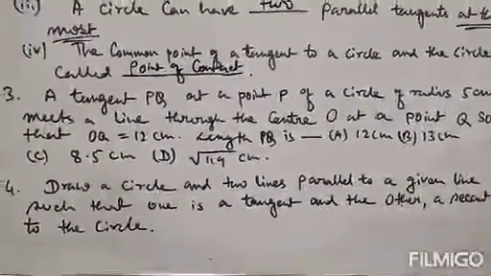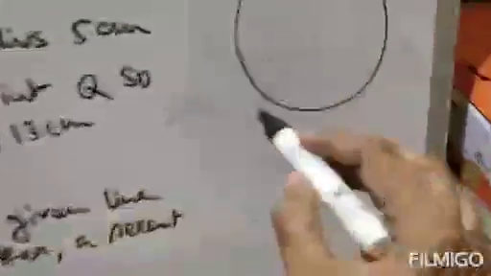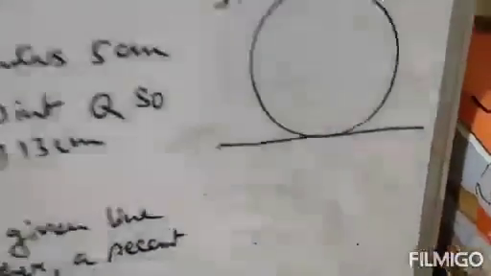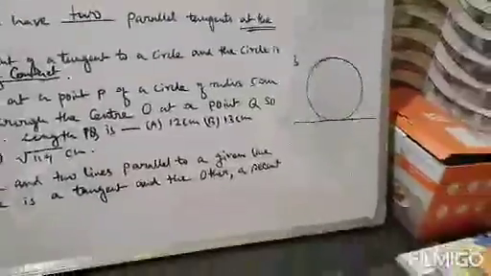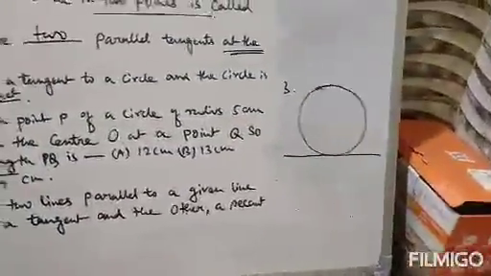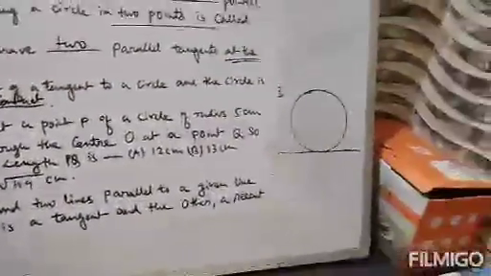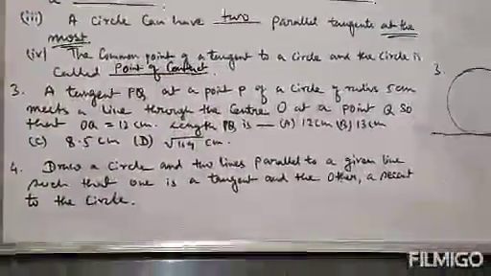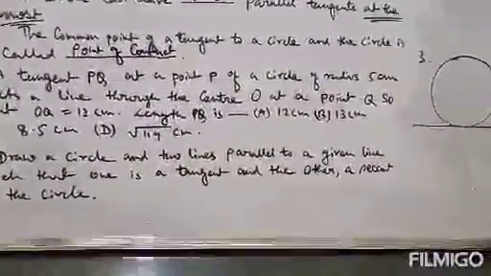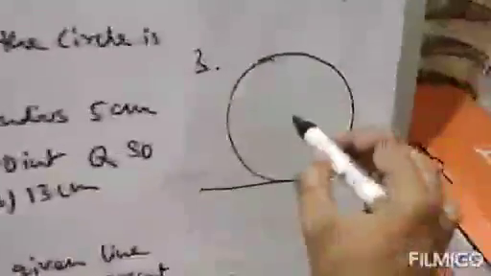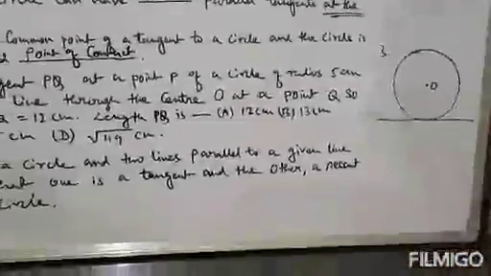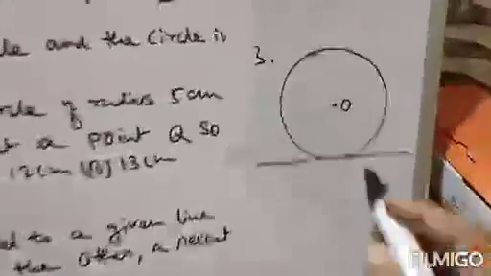So the tangent is PQ at a point P. You will use a pencil, ruler and compass to draw the circle perfectly. The tangent meets a line through the center O. So the center is O and the radius given is 5 cm.